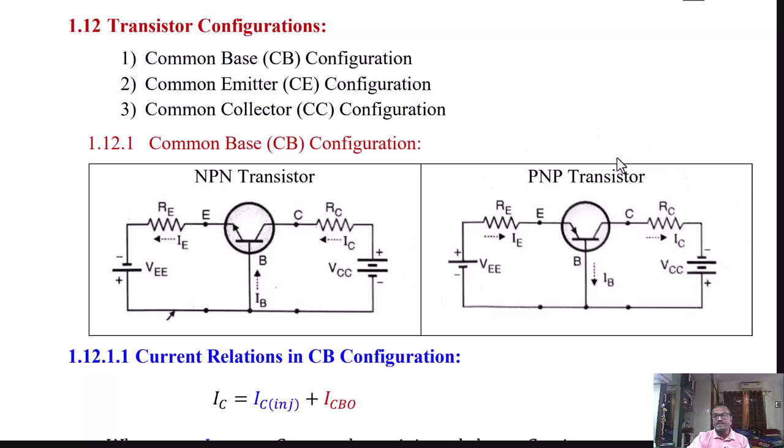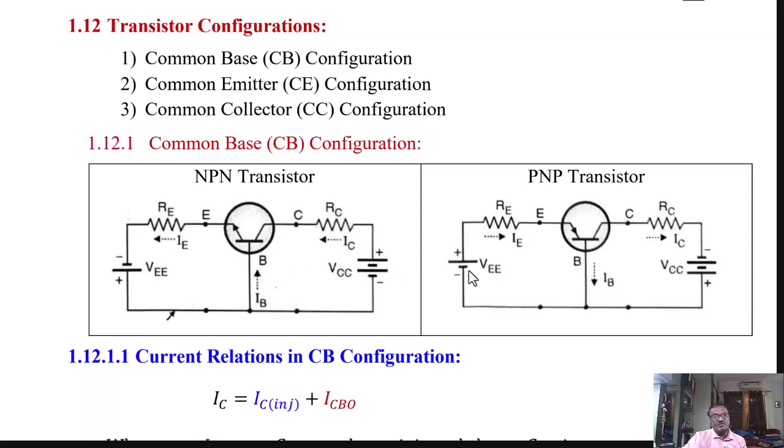Here the PNP transistor circuit is shown, in which again VEE is establishing the input circuit voltage and current, and VCC is establishing the output circuit current IC and VCB, where in this circuit RC and RE are used to limit the input circuit current and output circuit current.